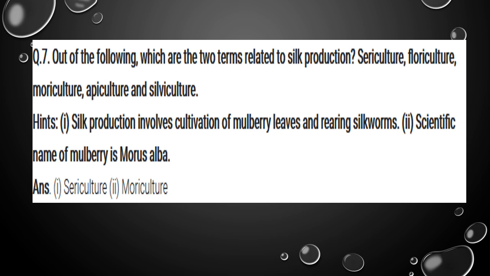Number 2. Scientific name of mulberry is Morus alba. So the answer for this question is sericulture and moriculture. Sericulture is related to the cultivation of silkworms, and moriculture is the cultivation of mulberry leaves, which helps the silkworm to grow. Okay, clear?